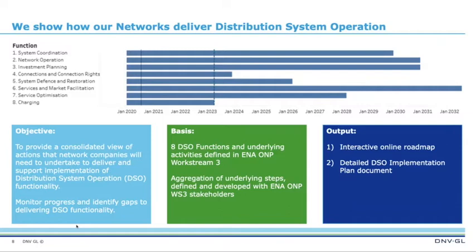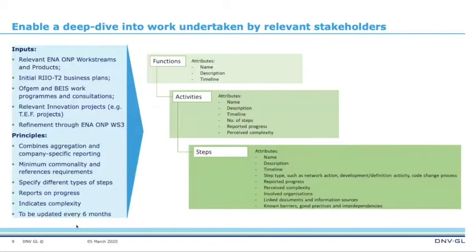You may have noticed that alongside the online roadmap is a detailed DSO Implementation Plan document that provides the full details on activities and steps underneath these functions for your reference. In the next slide, an insight into the development process.